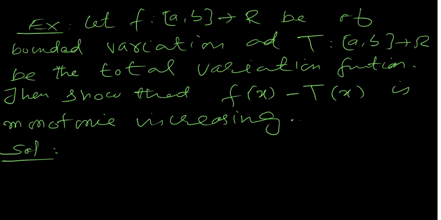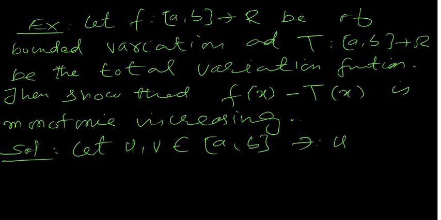For this we'll take the crudest partition of the interval uv. Okay, so let u comma v belong to the closed interval a b such that u is less than v. We show that f u minus t u is less or equal to f v minus t v.